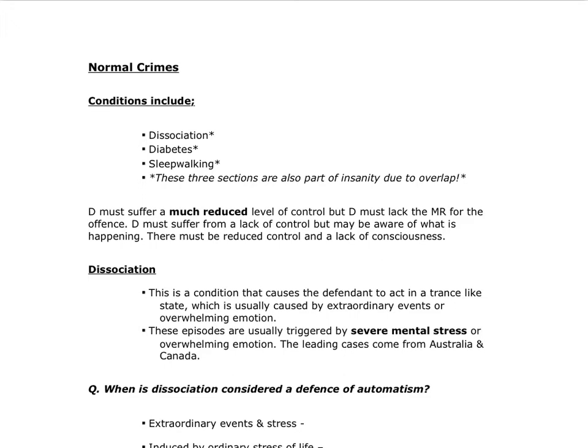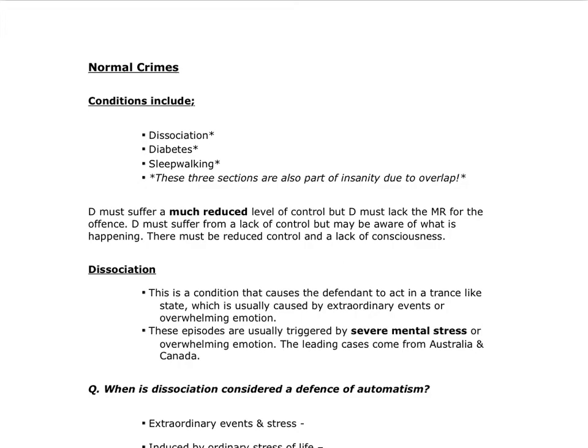So just to paraphrase literally very quickly, normal crimes, so non-SL, non-driving crimes, we're looking at examples such as theft, criminal damage, or any other normal crime. And we've got various categories that have come before the courts: DDS, dissociation, diabetes, and sleepwalking.